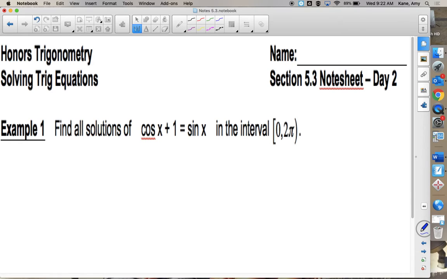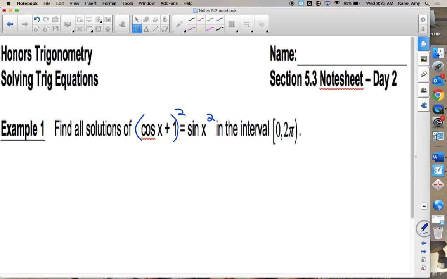Squaring both sides is a method you can use to solve equations, which is similar to the conjugate. When you square both sides and there's a quantity, you have to square the quantity grouped together. I can't just individually square terms. Just like over here, this x plus 3 would be squared together. We're also going to square the other side.